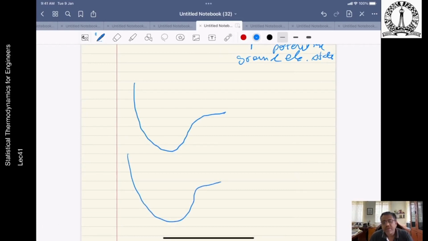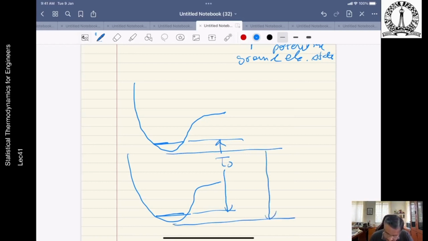This is your first, this is ground vibrational, this is T naught. Then this is your TE. You can also define something like a dissociation. If you pull these things back a little bit, this particular thing is your D0, and this is your DE.